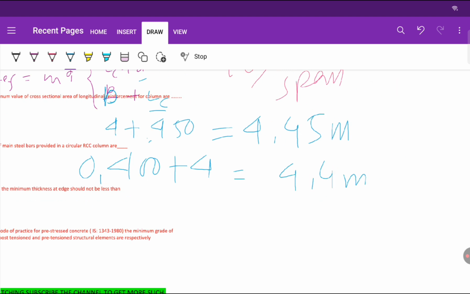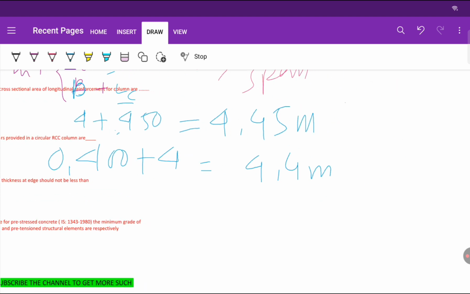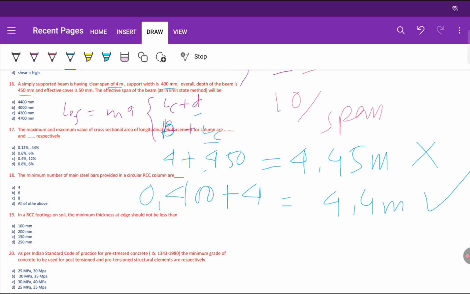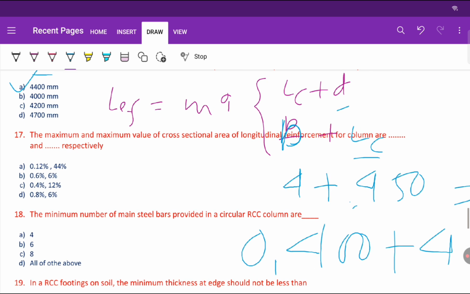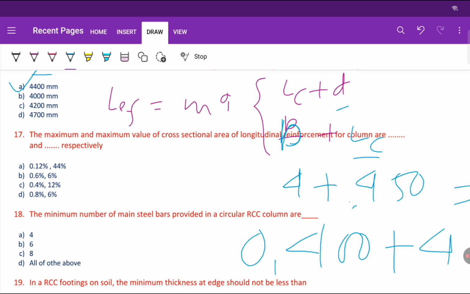So which is greater? This one is greater, so this is cancelled and this is to be accepted. So 4.4 is the correct answer. So option A will be the right answer, right? Okay, now let's see the next question.